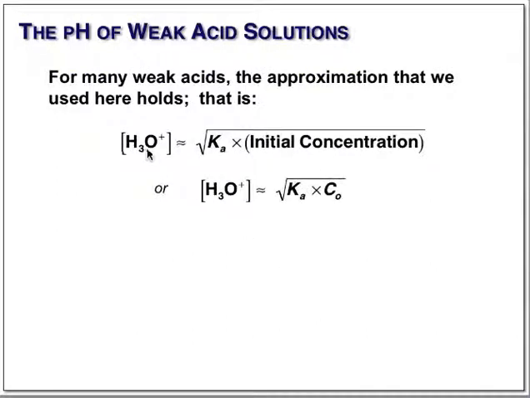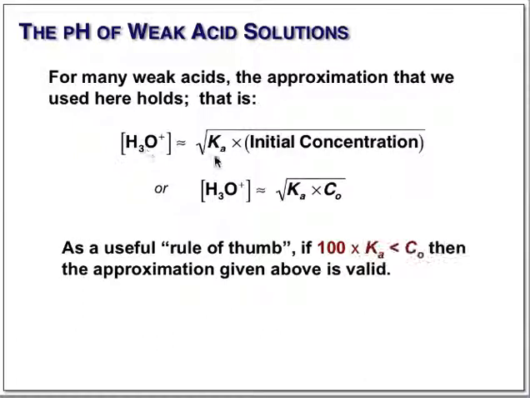Basically, you can estimate hydronium if you know the Ka and the initial concentration of your weak acid. Hydronium is equal to the square root of Ka multiplied by our concentration. As long as the concentration is 100 times greater than the value of Ka, this is a very useful approximation.